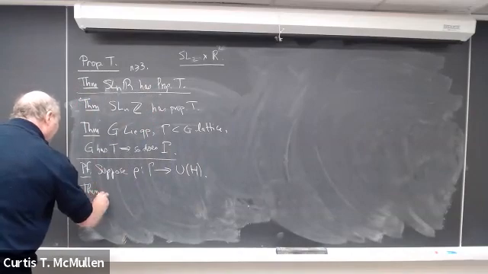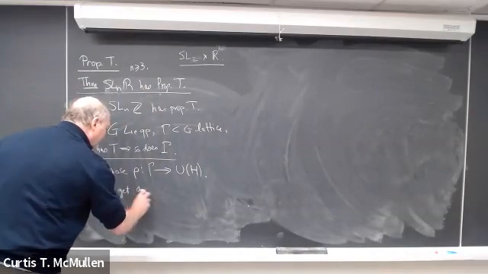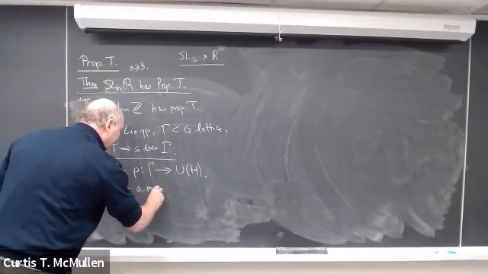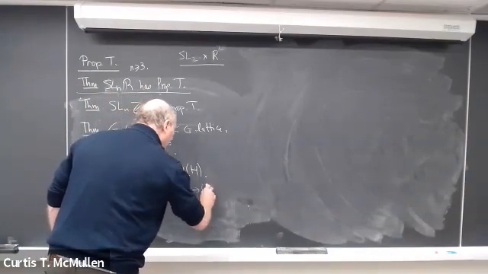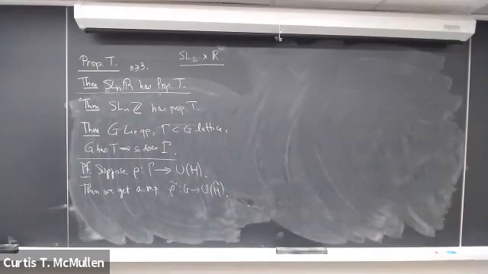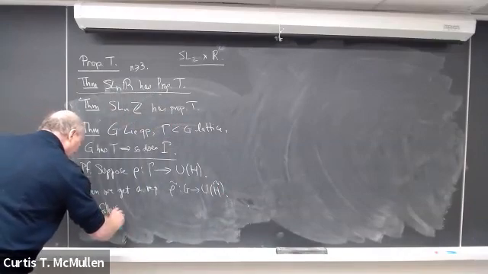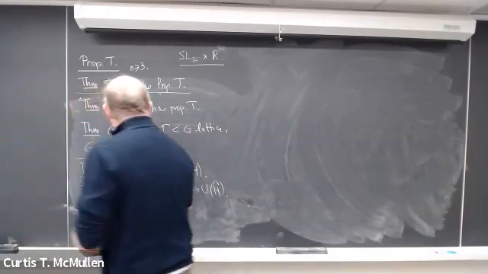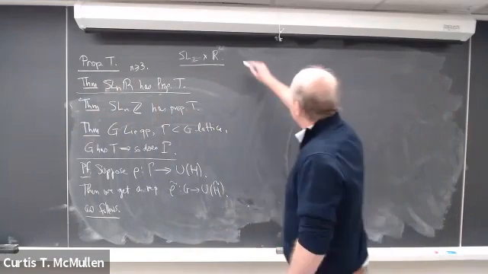Then we get a representation rho tilde from G into a new Hilbert space H tilde as follows. And I'm going to tell you two ways to do it. There's a sort of a lowbrow version and a highbrow version.